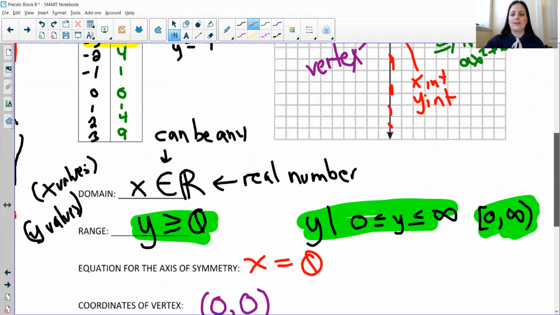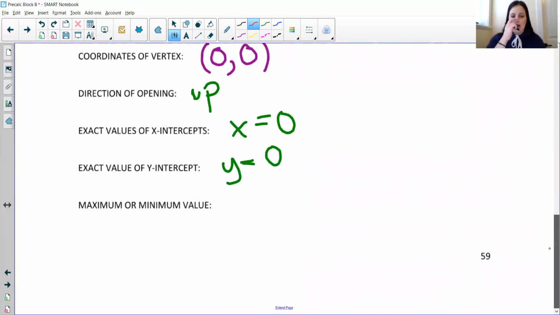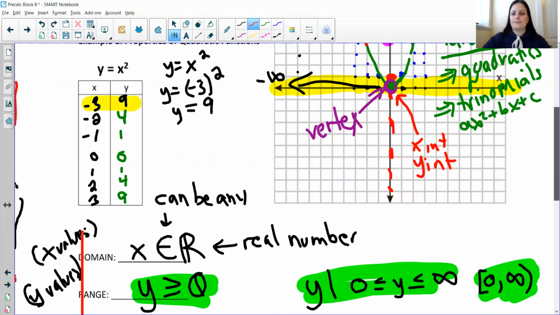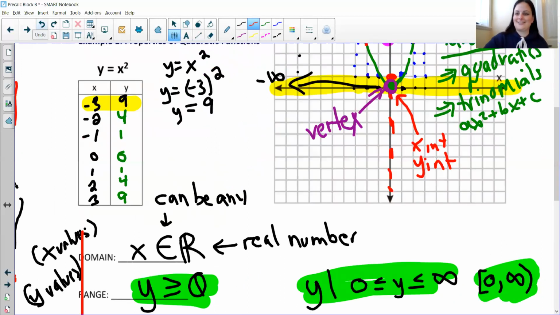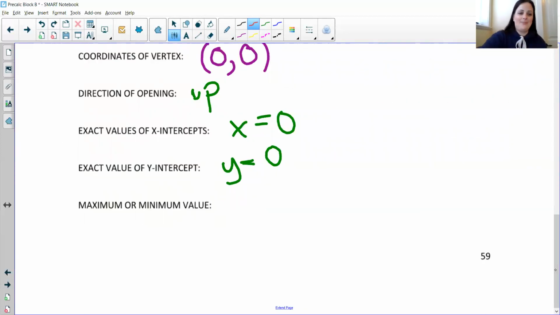Okay, so we're looking at the minimum or maximum value. If a parabola opens up, you're looking at a minimum value.